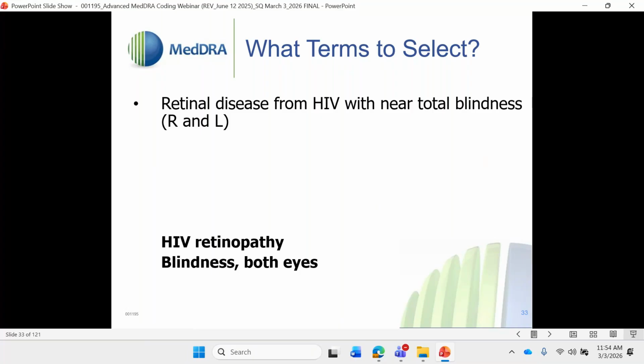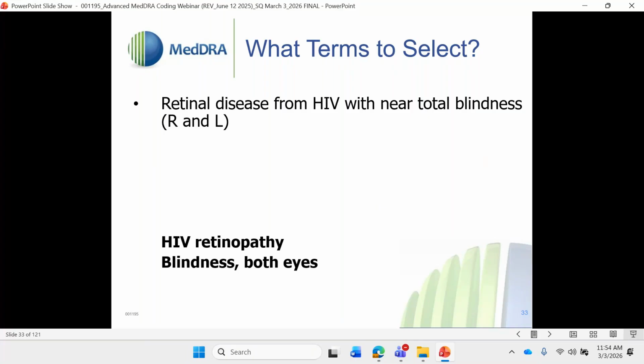We have over, with this 29.0 release, which was just released 2 days ago, over 90,000 LLTs to choose from. So, do a search, do a top-down search, look at the appropriate SOC, look at the particular HLG which you're looking, and you may find the specific term you're looking for.